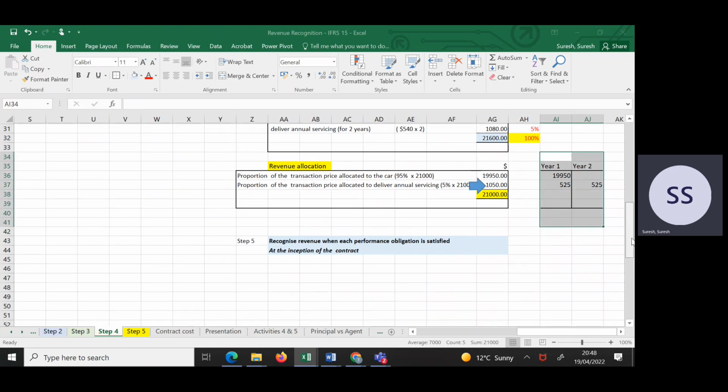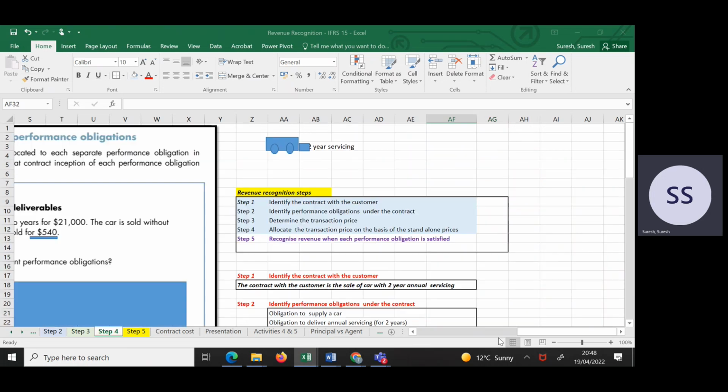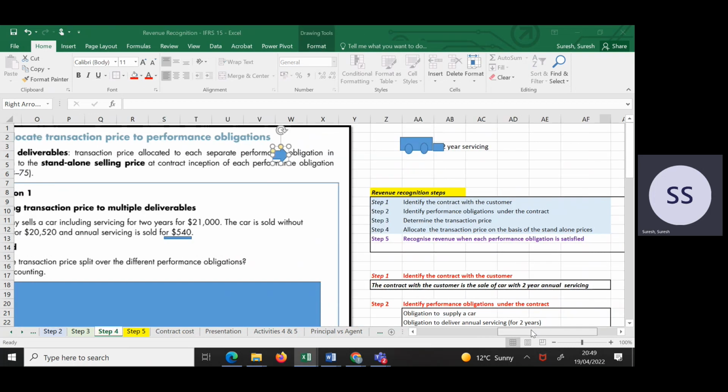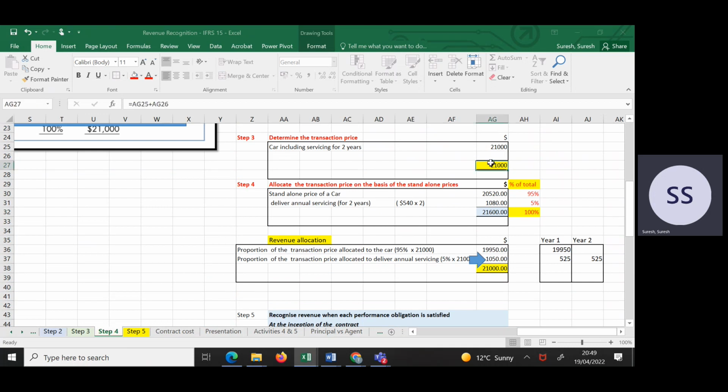So what I have done is allocate the transaction price. Let me go back here to explain this. It says the transaction price is allocated to each separate performance obligation.